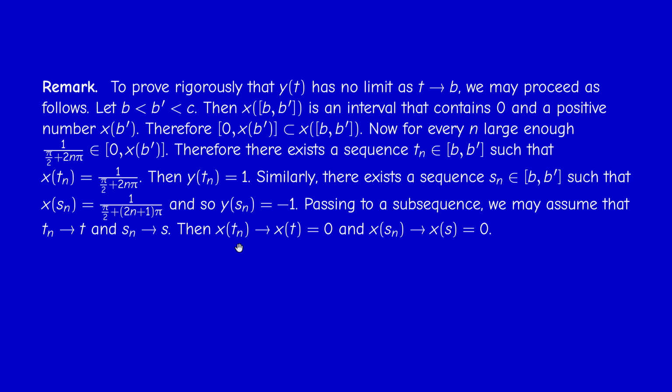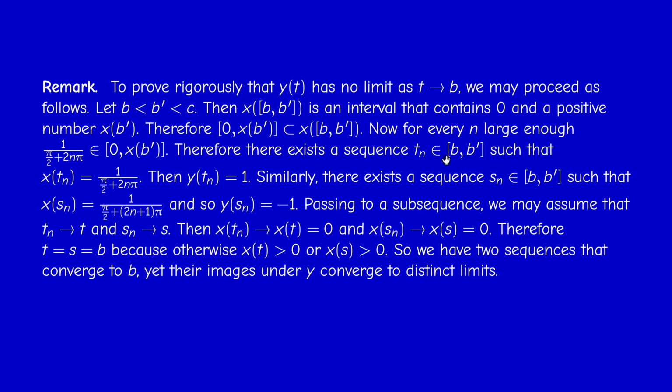Therefore, since X is continuous, X of Tn converges to X of t, and X of t must be 0, because X of Tn tends to 0. And similarly, X of Sn converges to X of s. Therefore, by uniqueness of limits, X of s equals 0. And therefore we must conclude that t equals s equals B, because otherwise X of t or X of s would be strictly positive. Because if t is bigger than B, as you observed, X of t is strictly positive because we are on the green line.